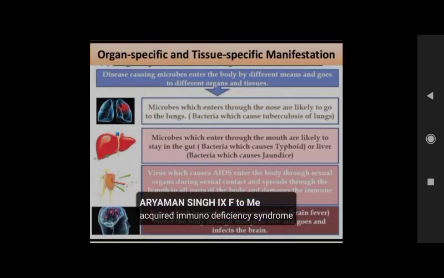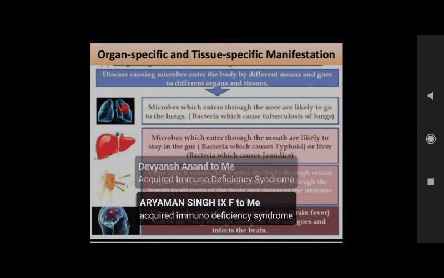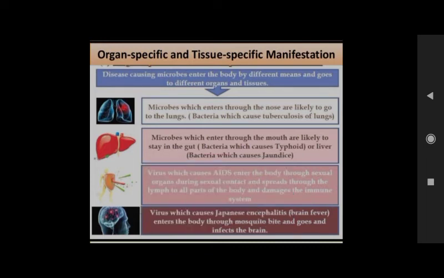Acquired immunodeficiency syndrome. Aryaman, okay. Correct. Pallavi, Divyansh, Aryaman, Abhishek, Saloni, also correct. Students, be careful, it is acquired immunodeficiency syndrome.